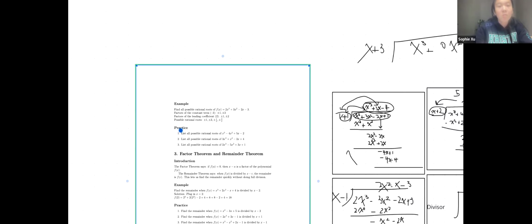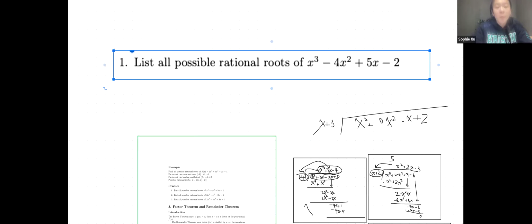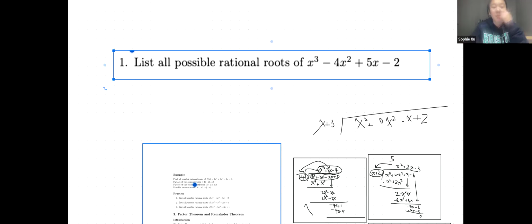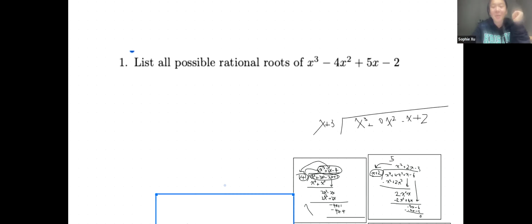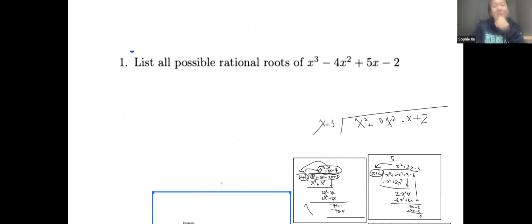I've screenshotted it and put it above the document. You guys can try to do the problem, or you can type any questions, comments, or statements in the messages thing.